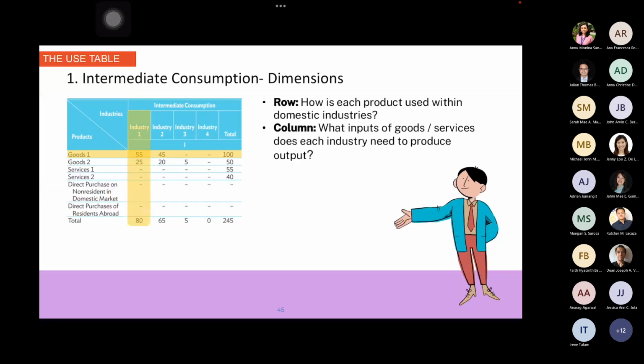And then looking column wise, we observe where an industry sources its inputs from. So let's say, for example, industry one or agriculture sources $55 worth of fuel, and then $25 worth of cattle. And then the total value of intermediate inputs used by the sector is $80. And for the rows, as intermediate, the total is at $100.